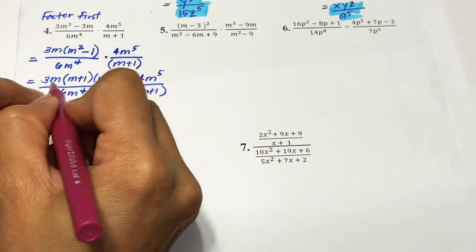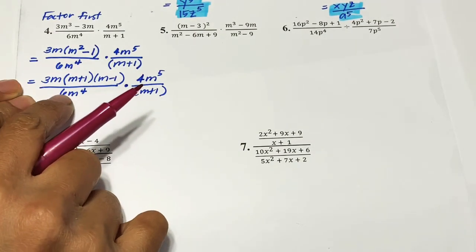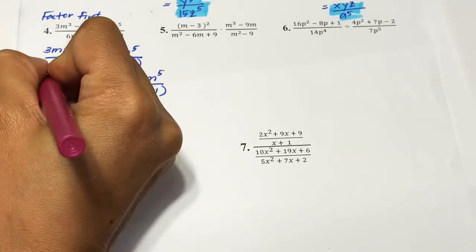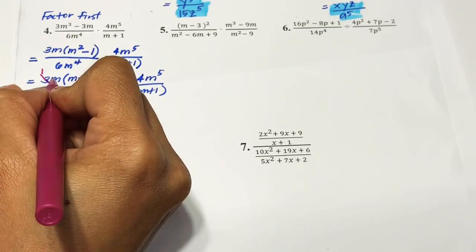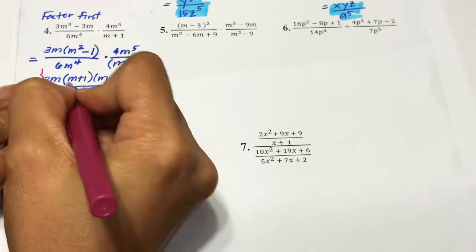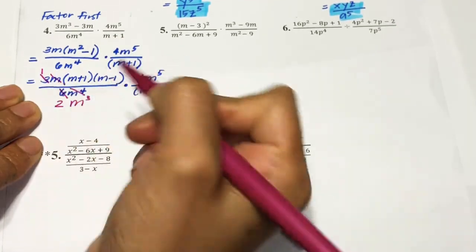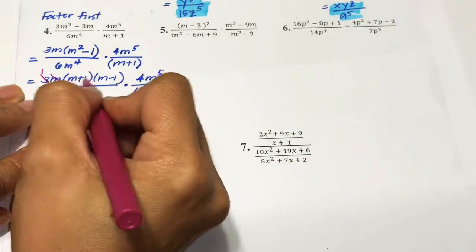So these are monomials. So 3m, you can reduce with 6m to the 4th. 3 and 6, that's 1/2. M to the 4th and m, that leaves you with m cubed in the denominator. Okay, m plus 1 is together.